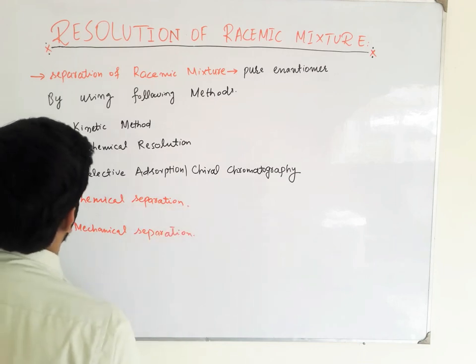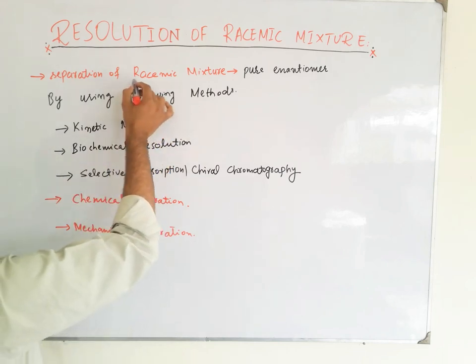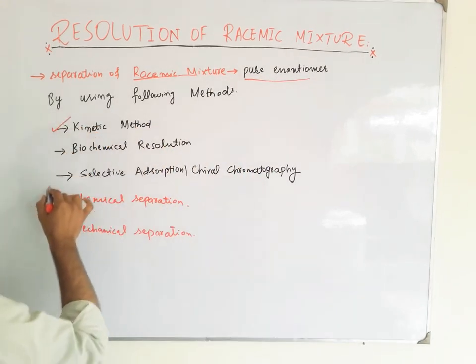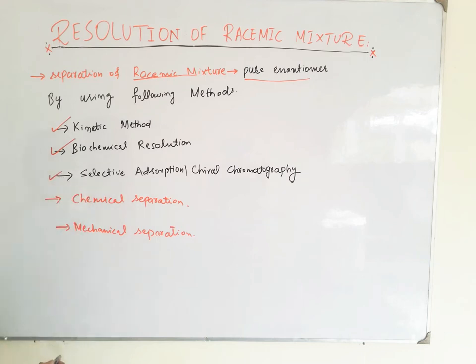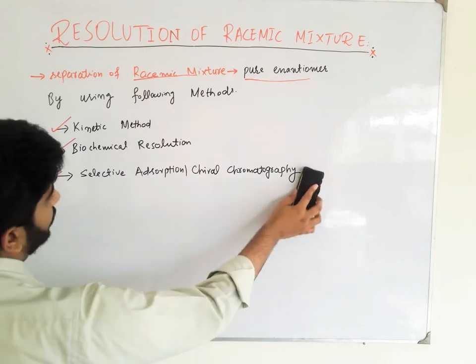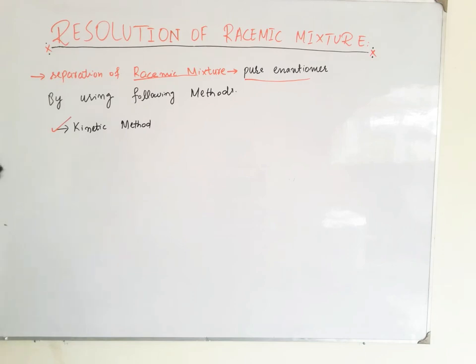In this video, we only discuss the separation of the racemic mixture into its pure enantiomer by using kinetic method, biochemical resolution method, selective adsorption method. First of all, we discuss the kinetic method.